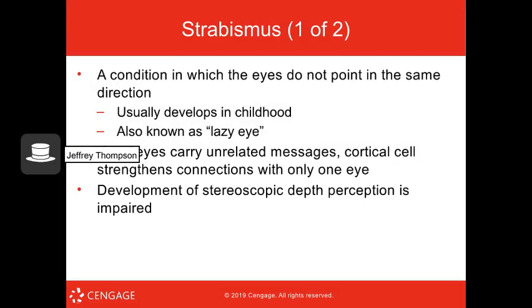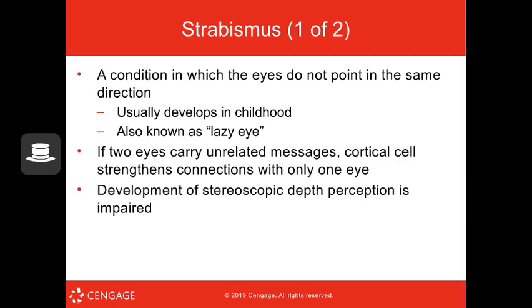Strabismus, also known as having a lazy eye, often develops in childhood. This is when the eyes don't point in the same direction. What can happen is your two eyes are carrying unrelated messages. So, we just talked about stereoscopic depth perception, where we're comparing the two images.